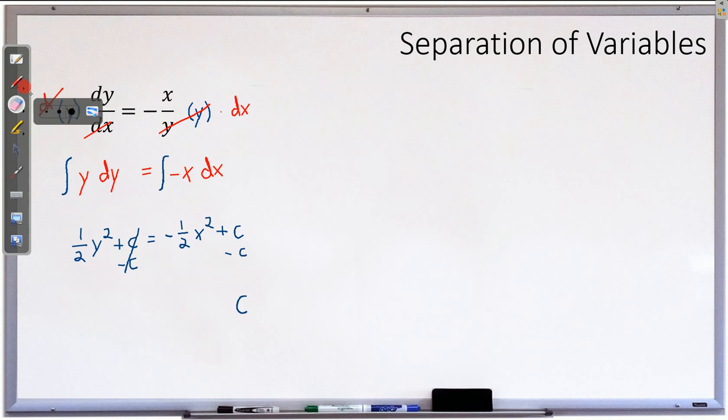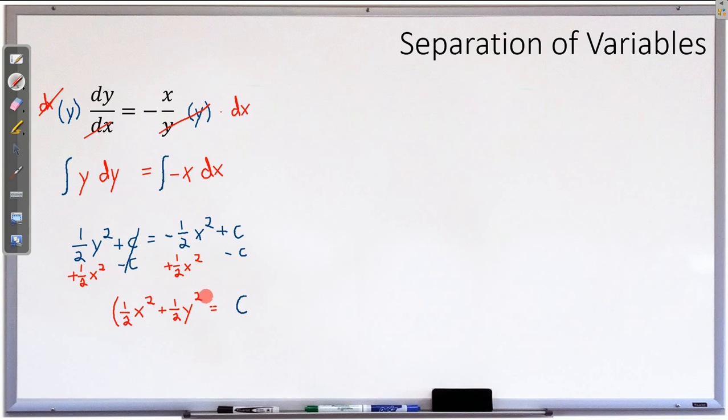Then let's move the x's and the y's back together. So we're going to add 1/2 x squared to both sides. So we'll have 1/2 x squared plus 1/2 y squared is equal to c. It's looking closer to what we had before.